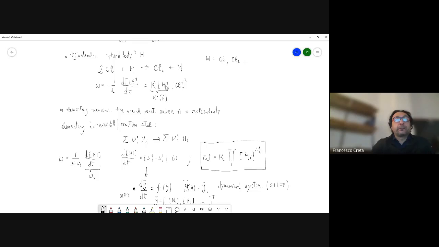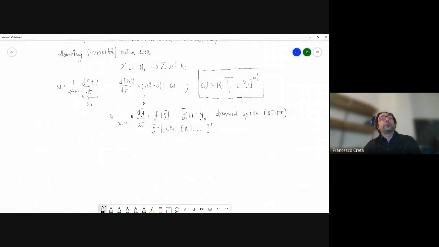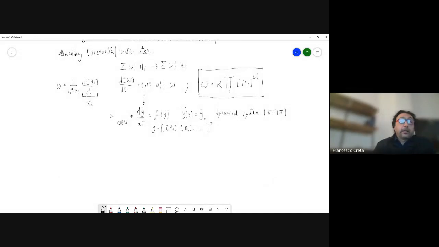Why is it that you have to multiply the product of the concentrations times some rate constant, which we haven't talked about yet? This can be understood briefly, I won't go into any detail, from something called collision theory, which goes back to essentially the kinetic theory of gases.